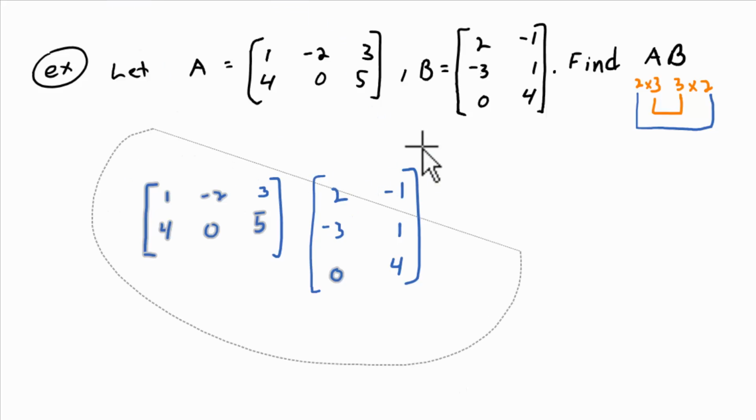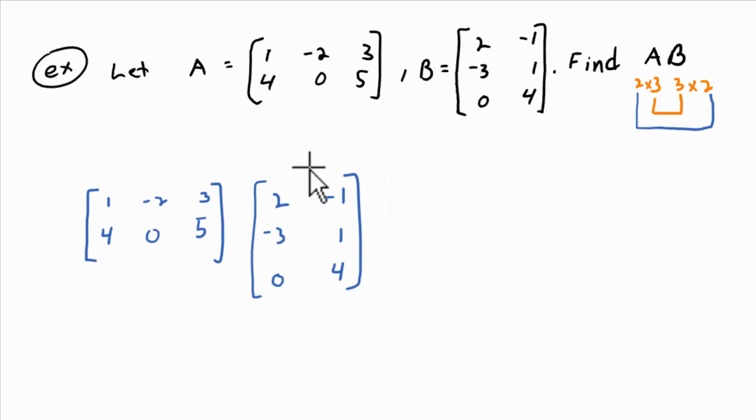Well, you're going to take rows times columns. To get the first row of entries, which is just going to have 2 entries in it because it's going to be a 2 by 2 matrix, let me start with the upper left-hand entry.